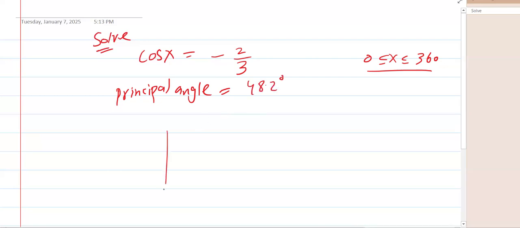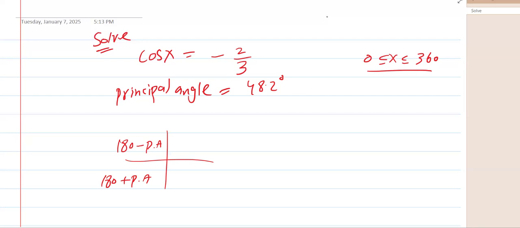Okay, now cos is negative, so the possible quadrants for negative cos are these two, second and third, because in first and fourth it will be positive. We have a negative cos here. Take the principal angle without sign, cos inverse without sign, okay?